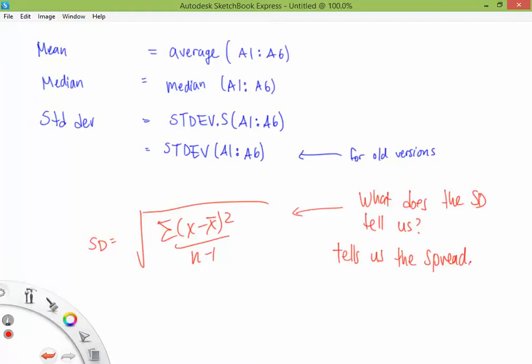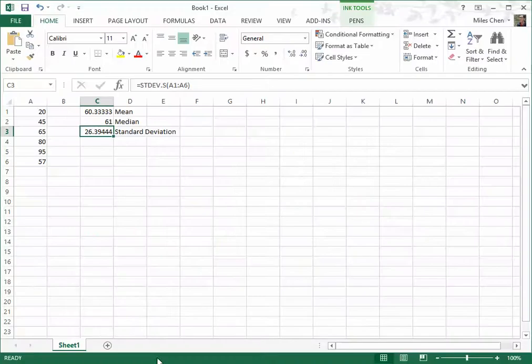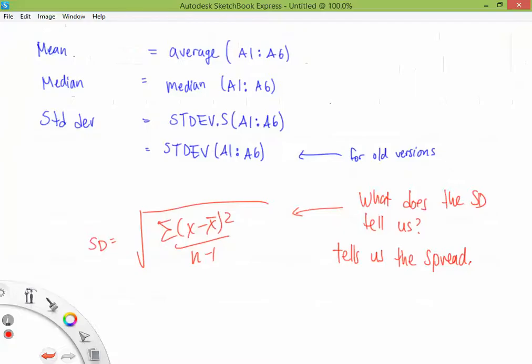So that way, if you see another set of numbers, let me just demonstrate this. So 3 ways to calculate spread: the range, IQR, and the standard deviation. This was all emphasized in problem 5 of your homework.